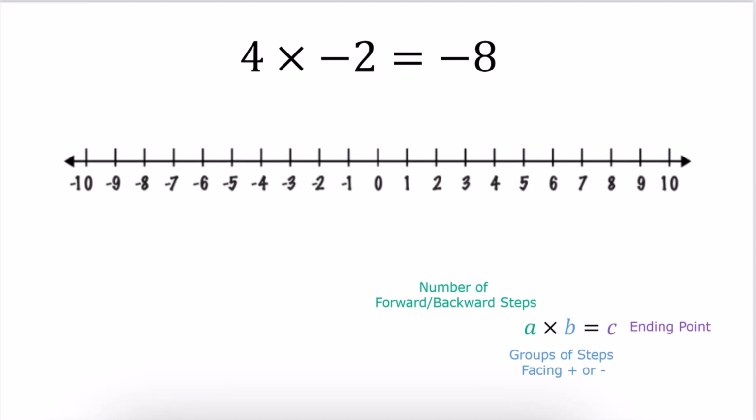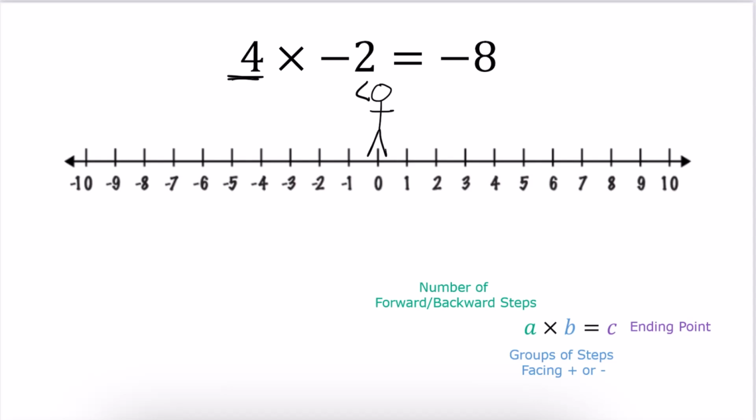Then I can do a positive times a negative 2. So again, I'm starting at 0. But in this case, since I'm multiplying by negative 2, that means I'm going to be facing the negative side of the number line. And I'm going to be taking two groups of steps forward in that direction. And the reason why I'm taking them forward is because I have a positive 4.